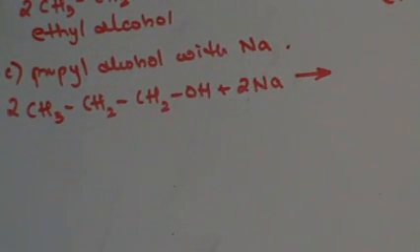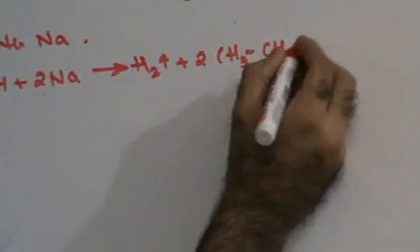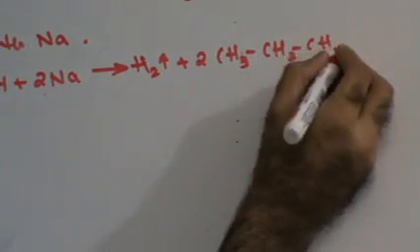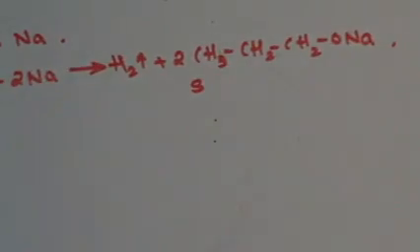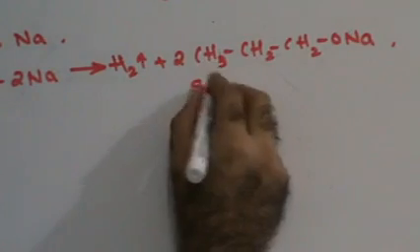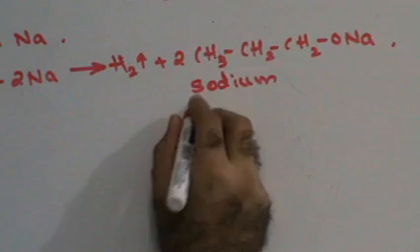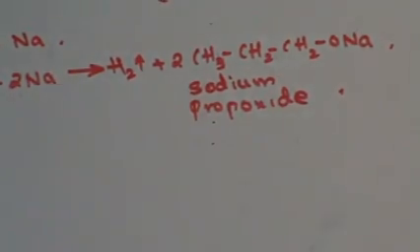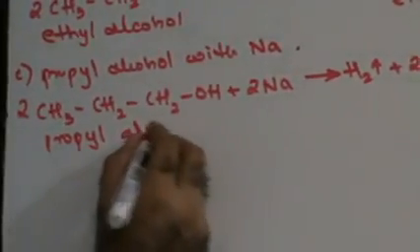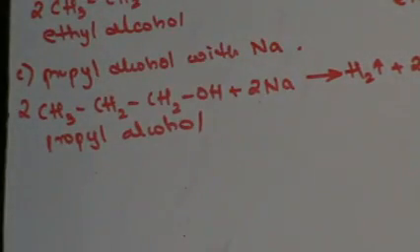In which case you will get hydrogen gas plus two molecules of CH3CH2CH2ONa. This is sodium propoxide. This is propyl alcohol. This is your action of active metals, right?